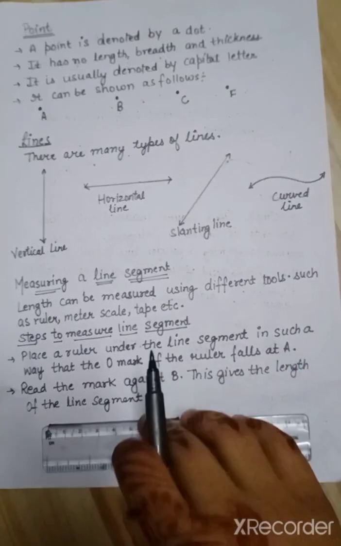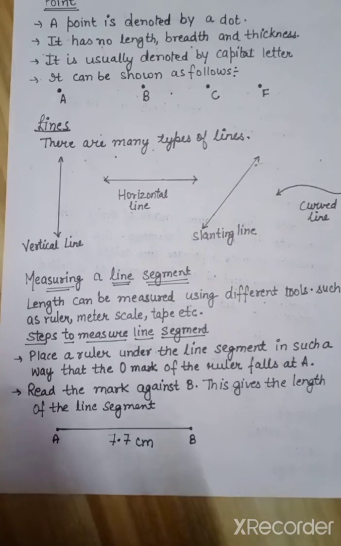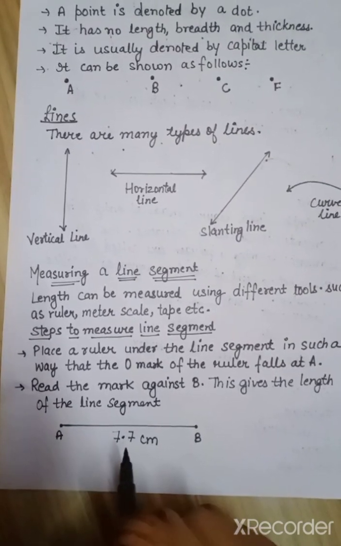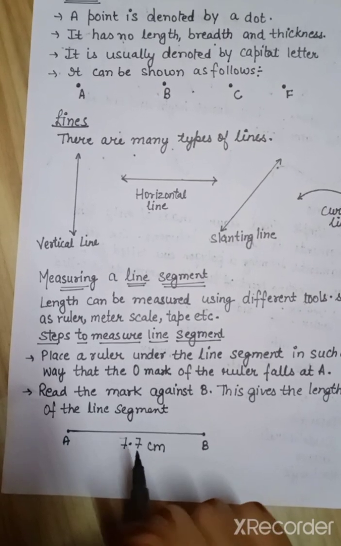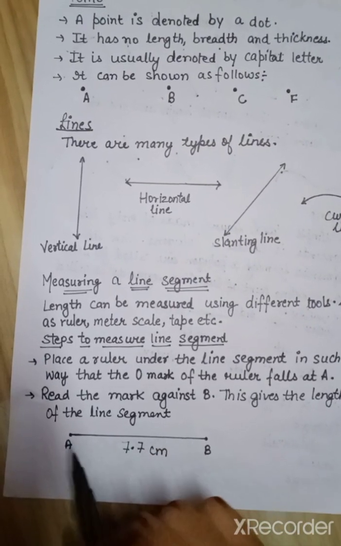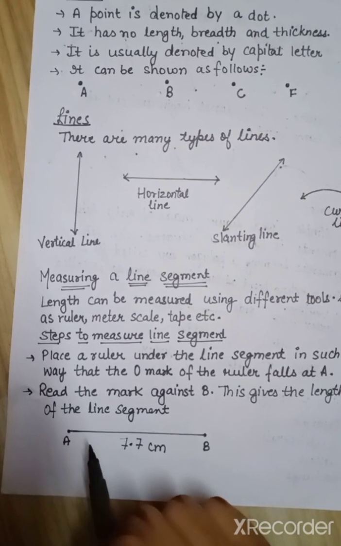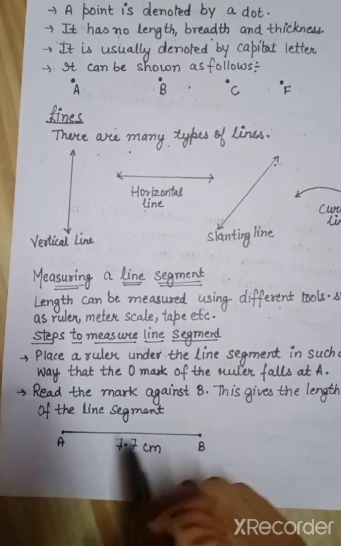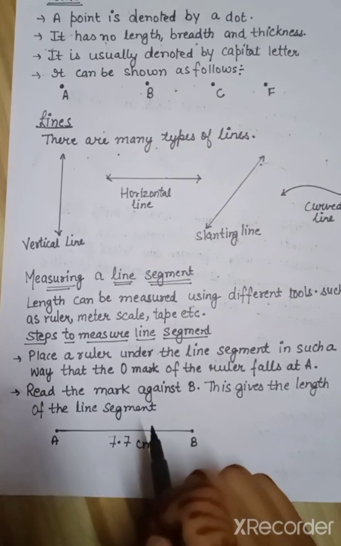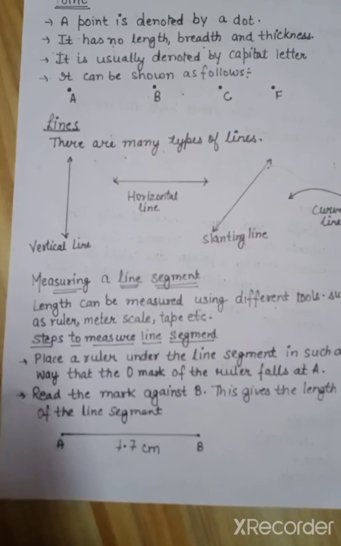So 7 times 4 is 28, I will multiply 4 with 7, then add 5 multiplied by 1. So the answer will be 28 plus 5 upon 7, which is 33 by 7. This will be the answer.